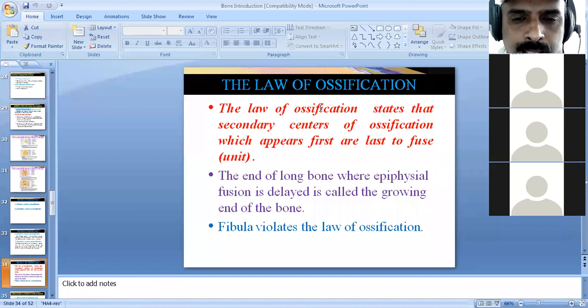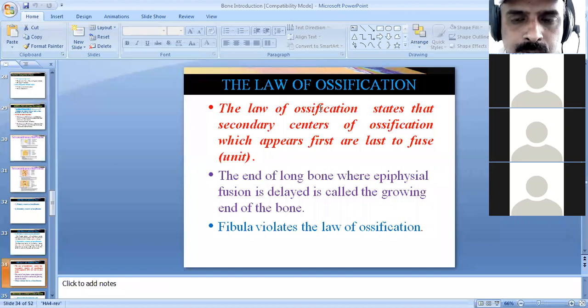In the fibula, as you know, there is an upper end and a lower end like other long bones. The center for the upper end appears late but fuses late, while the lower end of the fibula fuses early, and that is due to it being a pressure epiphysis.